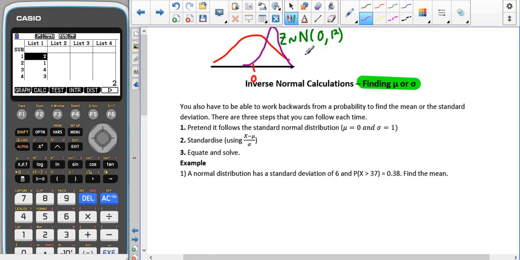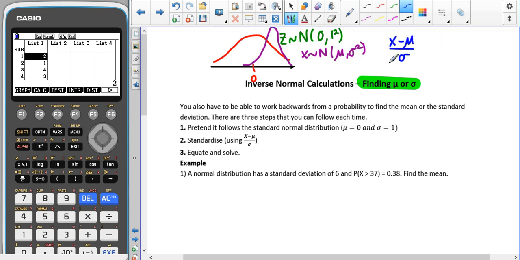So if here we have X follows N(mu, sigma squared), we can transform our purple graph onto our red graph by using x minus mu over sigma.